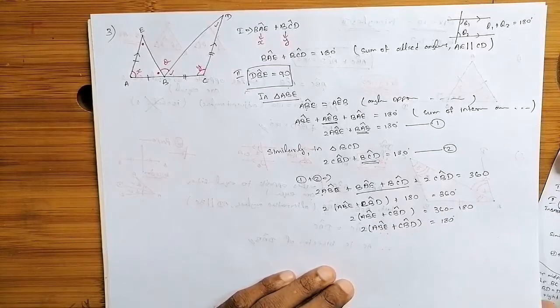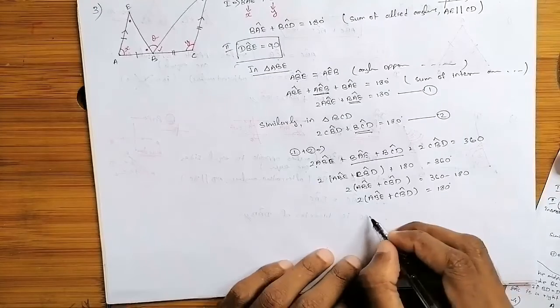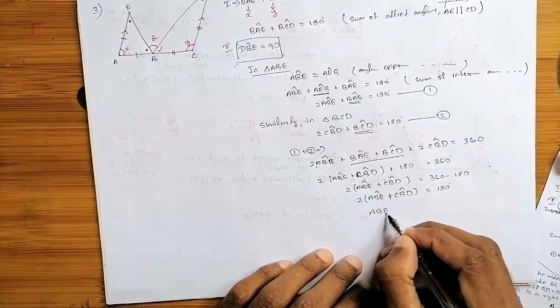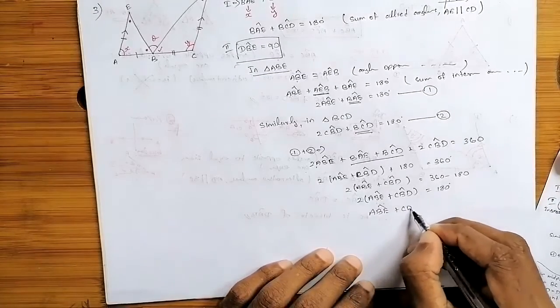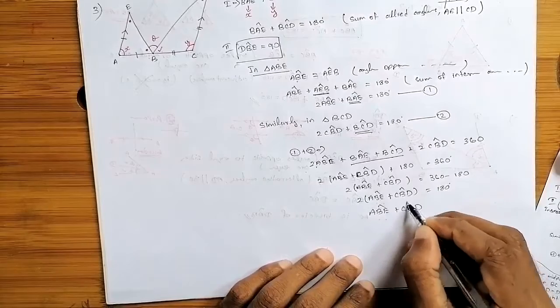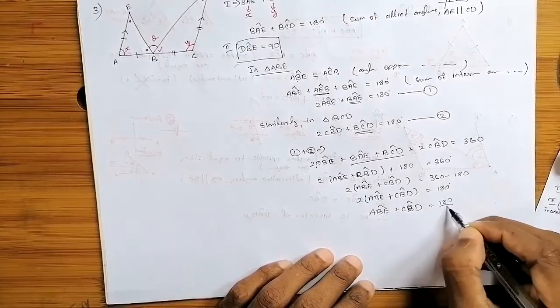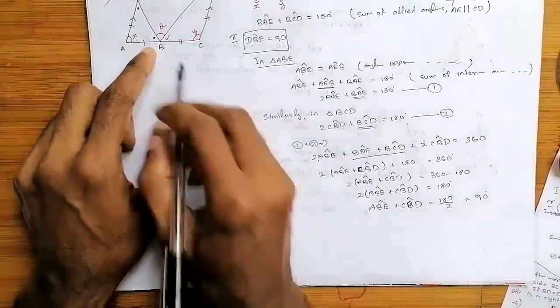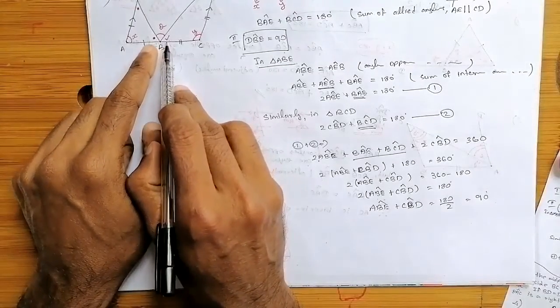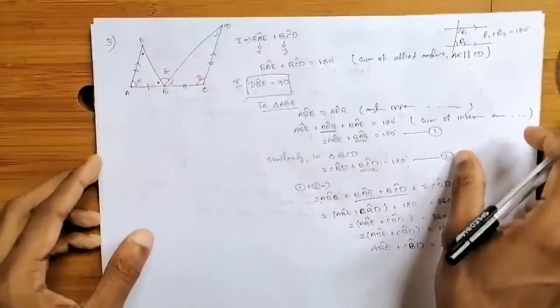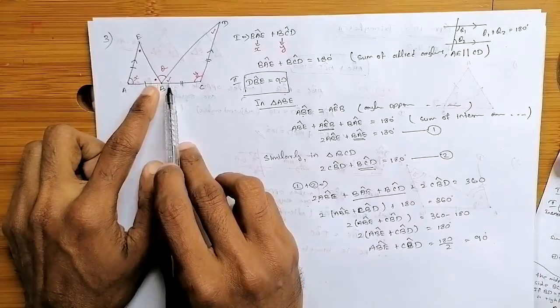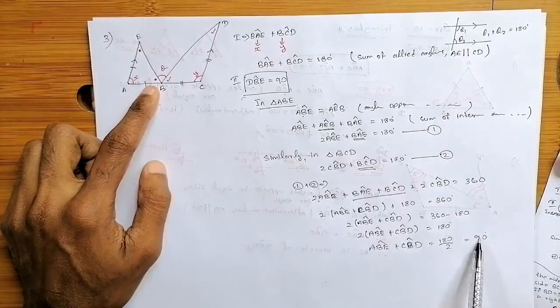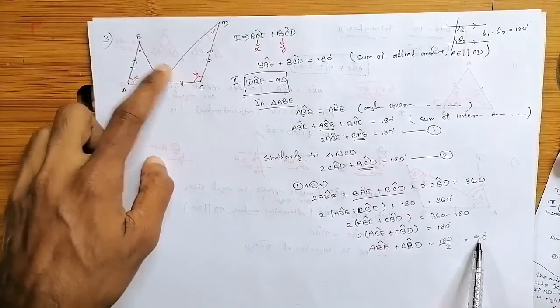If we move the 2 to the other side, ABE plus CBD is equal to 90. So the sum of these two angles is equal to 90.